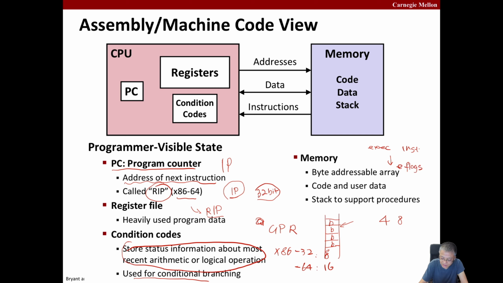The EFLAGS register contains a lot of condition codes. Almost every instruction executed will have a side effect of updating the EFLAGS register. Now, if you need to do conditional branching, you can test those EFLAGS.